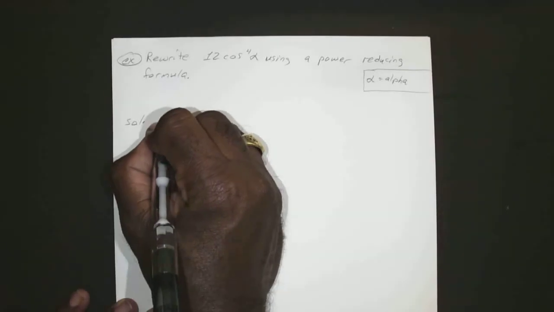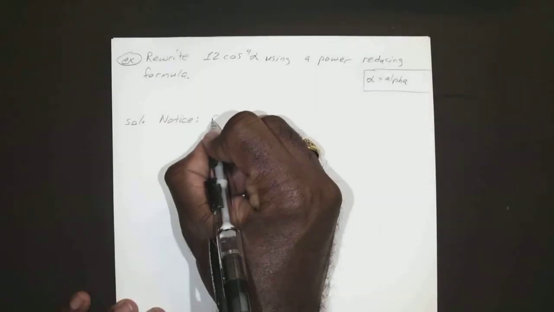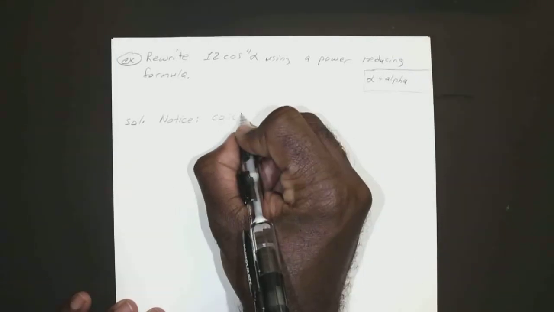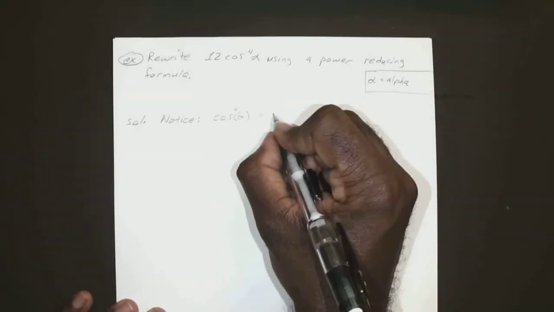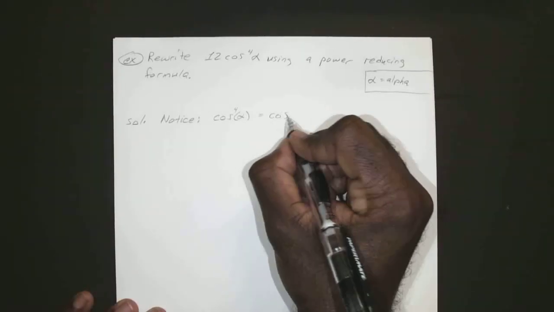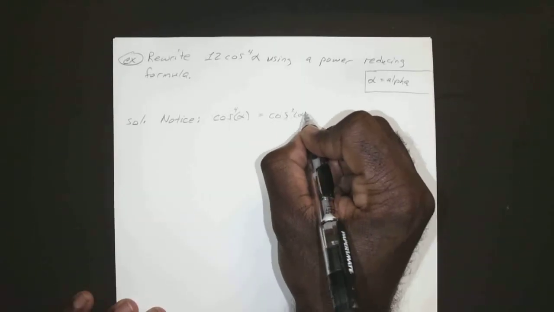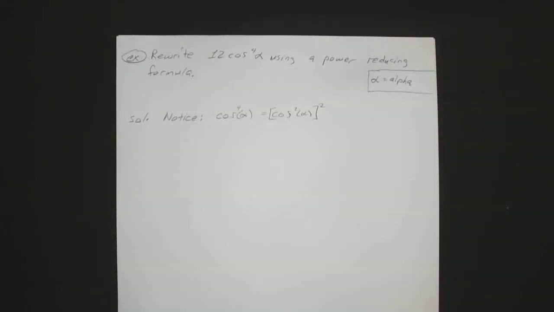Okay, so here you want to notice that cosine to the 4th of alpha is equal to cosine squared of alpha, squared. So it's no different than having x to the fourth being x squared squared.